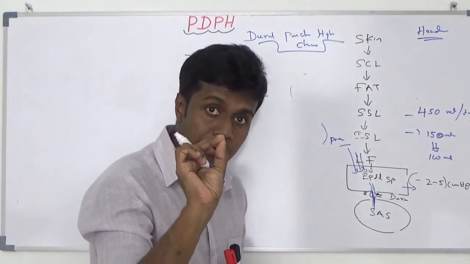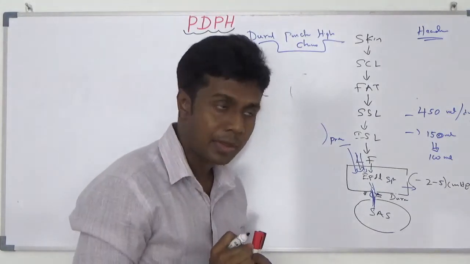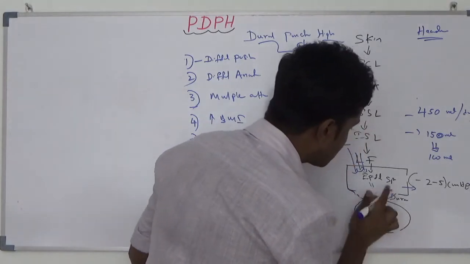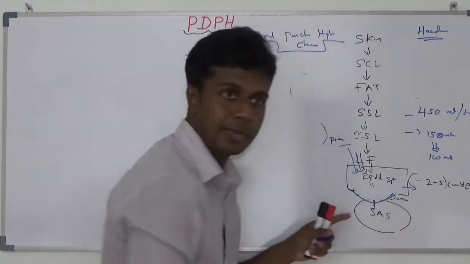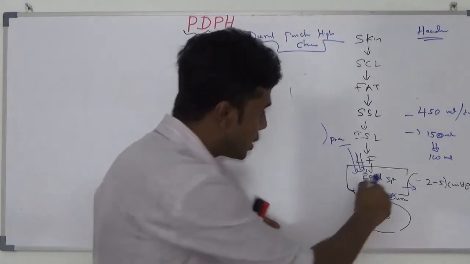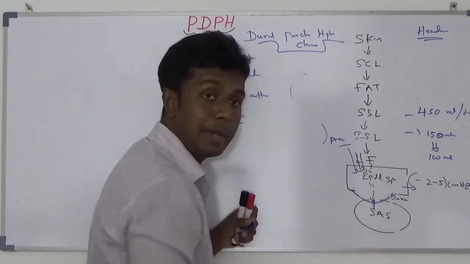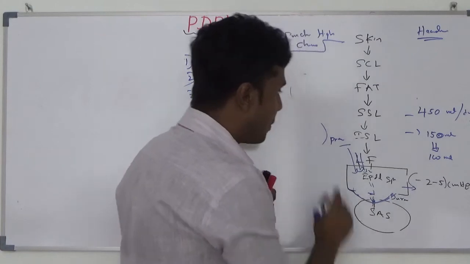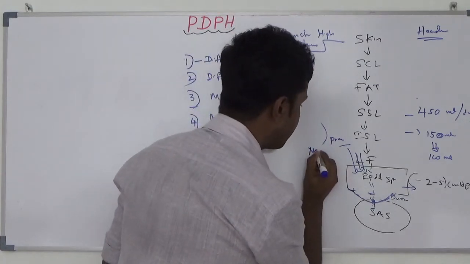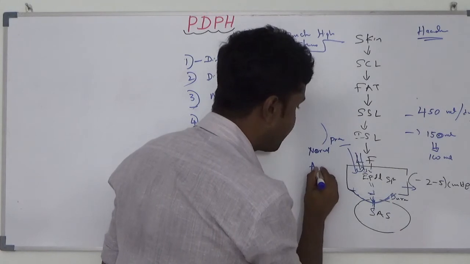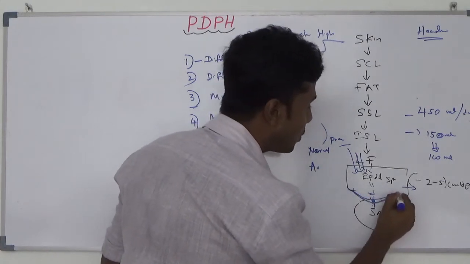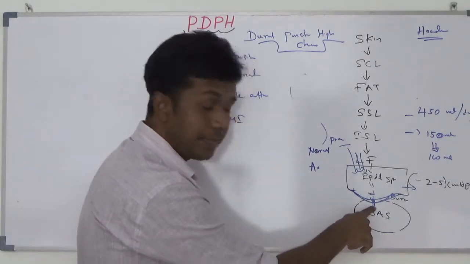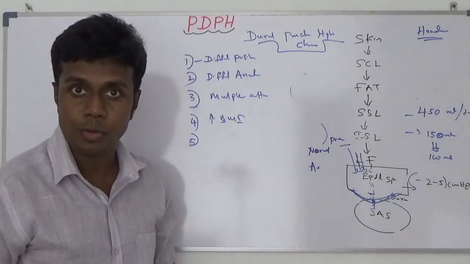If you use normal saline, this saline pushes the posterior wall of the epidural space away, so the puncture chance will be minimal. Even if you go a little further, damage does not happen. But if you use air, it will not create this phenomenon. Then you can easily damage your dura and develop post-dural puncture headache.